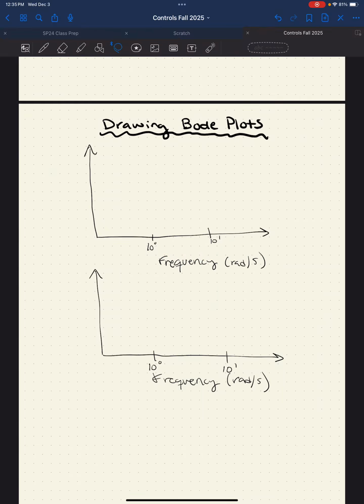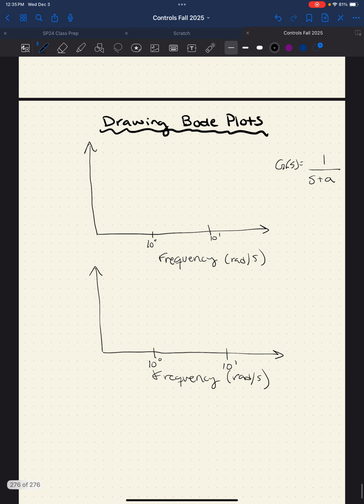All right. So let's say you have a transfer function G(s) that's like 1 over s plus a. And this a can be any value. So we're looking at just a singular pole. That's the definition of a singular pole transfer function. But for this example, to make this concrete, let's pretend that we have s plus 4.